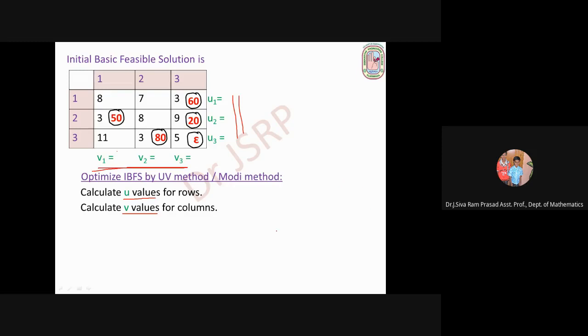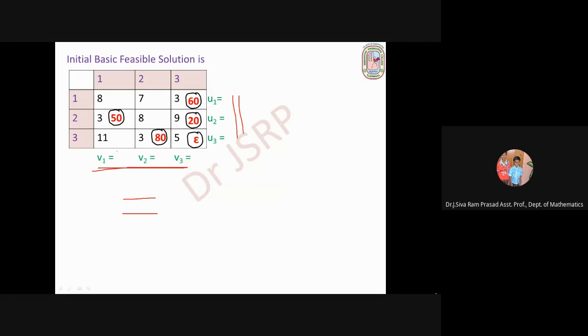So what is the relation between these two variables? For a basic cell i, j, the corresponding U value Ui plus the corresponding V value Vj equals the cost of the cell, Cij. So this is the relation between U values and V values.